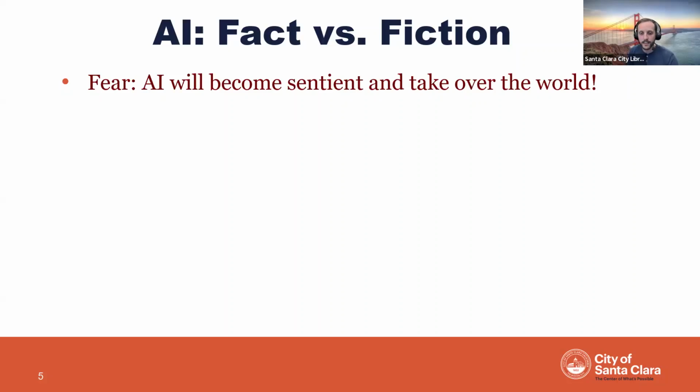We've all seen movies like Terminator or The Matrix or sci-fi stuff like that, where the machines at some point realized that they were being controlled by humans and they turn the tables and they take over. And I think a lot of that fear maybe comes from seeing media where that was the result of people messing around with AI.